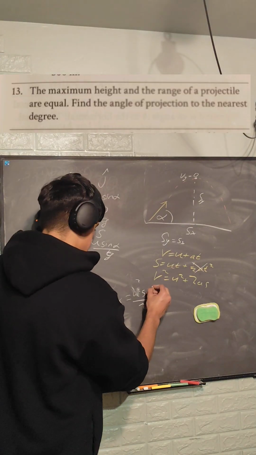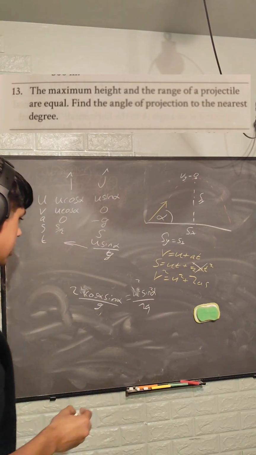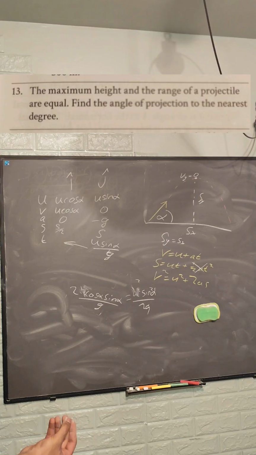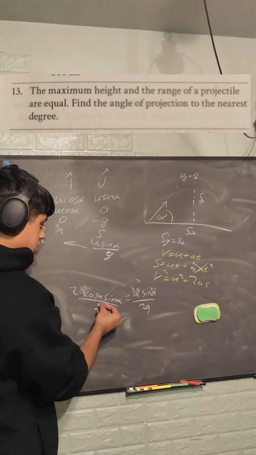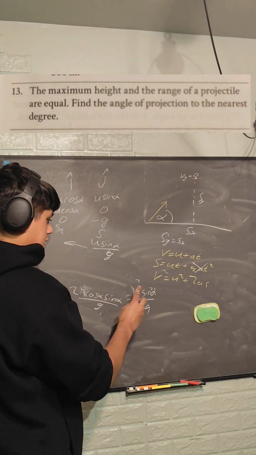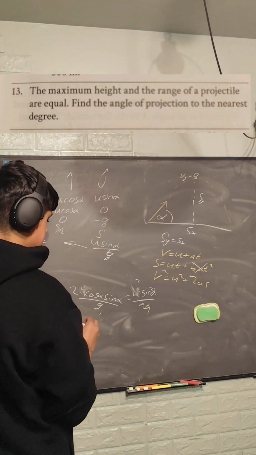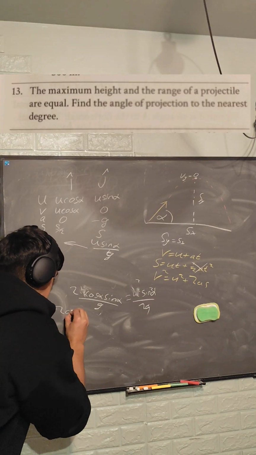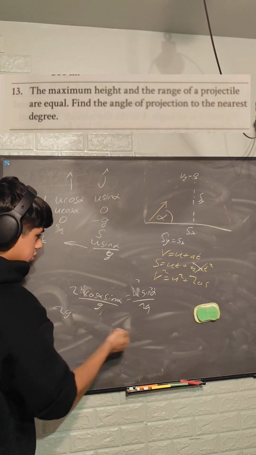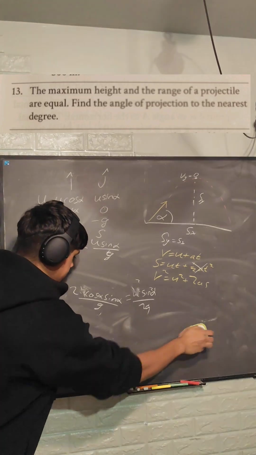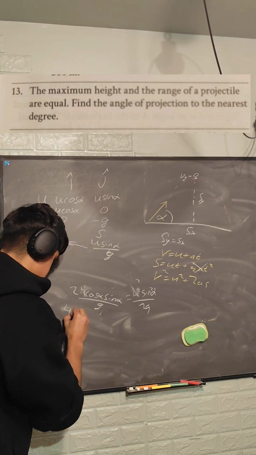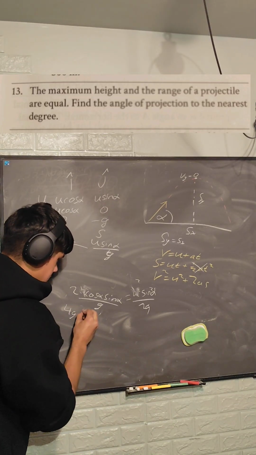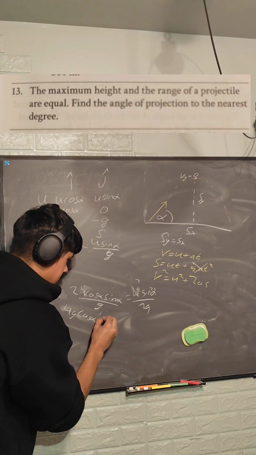Now, I'm going to use some simple algebra. Actually, I'm going to multiply by 2g on this side. So here I have 2g times 2, so that's 4g, and cos alpha.